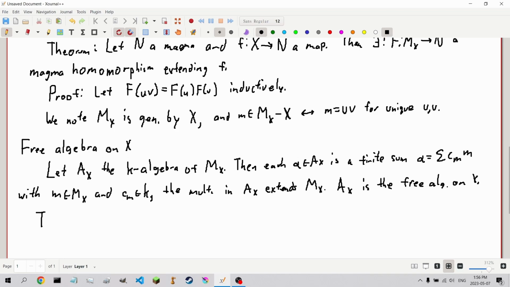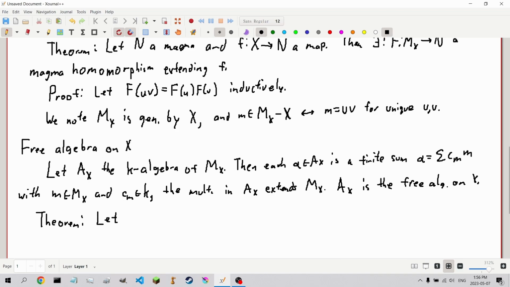And, well, how do we know it is the free algebra? It essentially means that any map to another algebra factors through this, which we will see here.